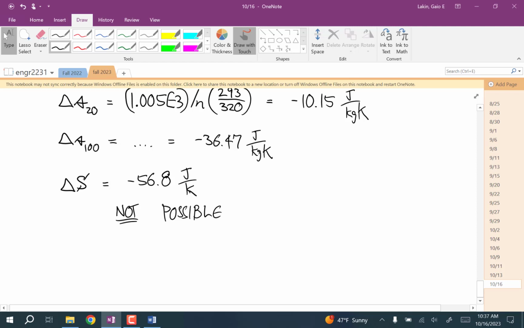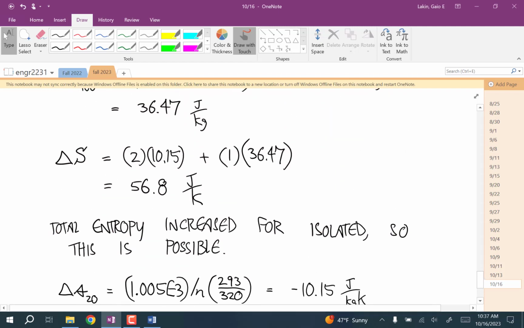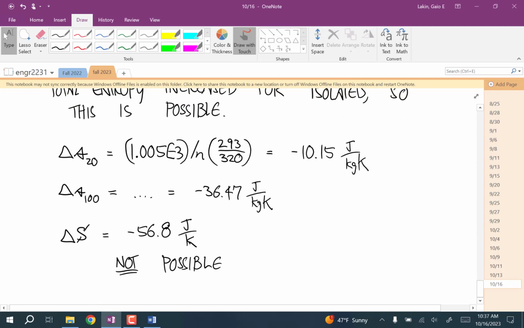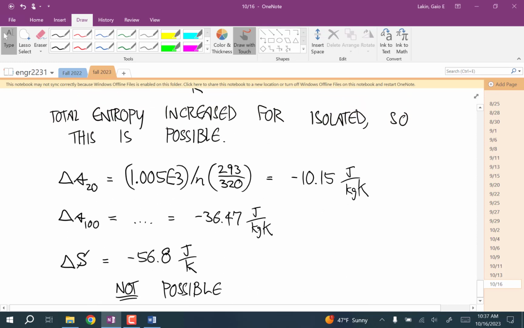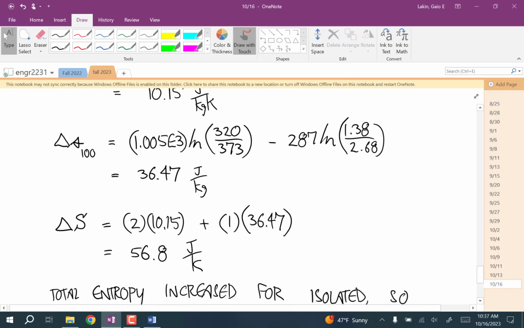One thing: in this case, the entropy of both of those two quantities of air increased. But that doesn't have to be the case, remember. You can have one part of your system decrease in entropy.